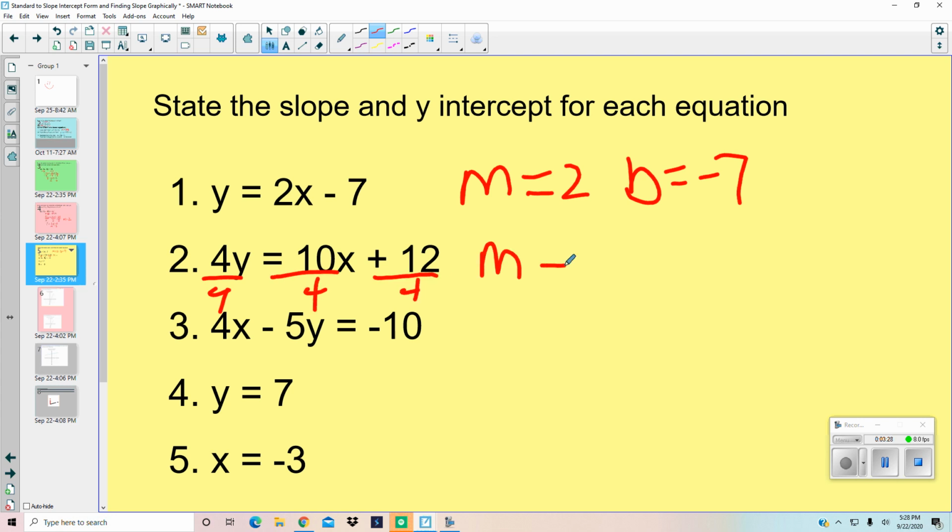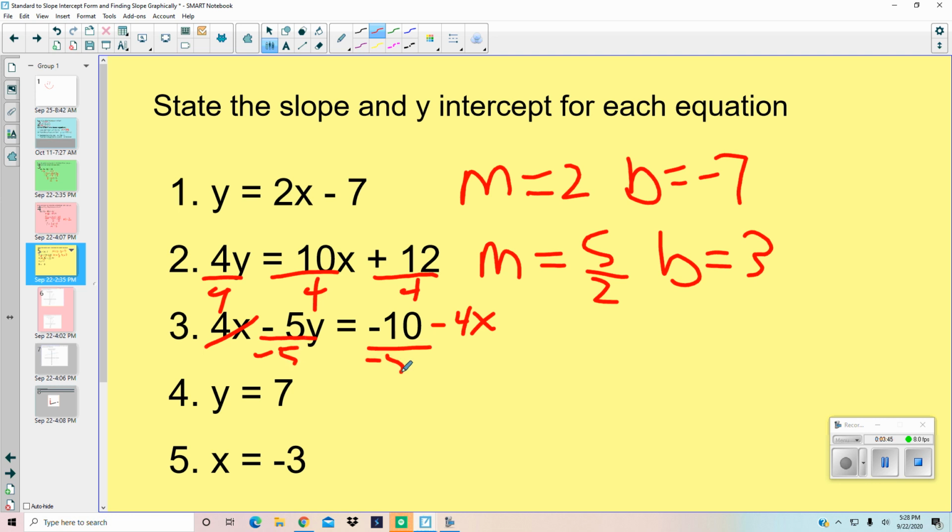So you get a slope of 5/2 and a y-intercept, the b value, is 3. The third one, you have to subtract 4x and divide by negative 5. So then you would have a slope of 2 and a y-intercept of 4/5.